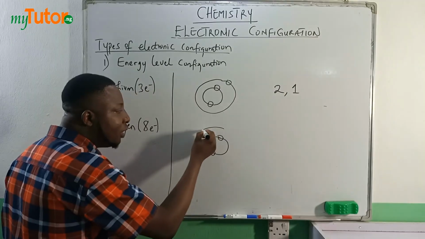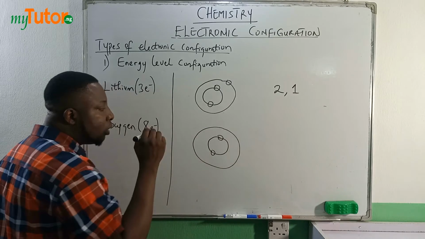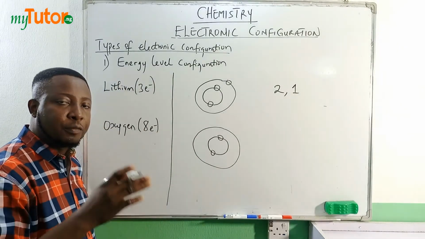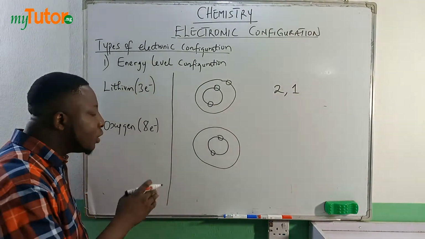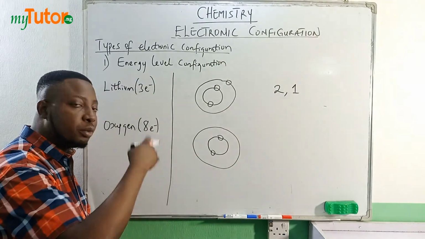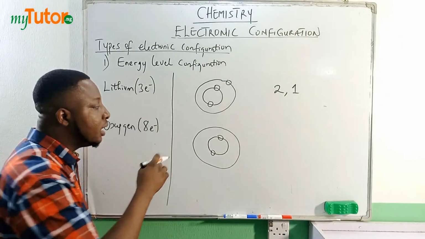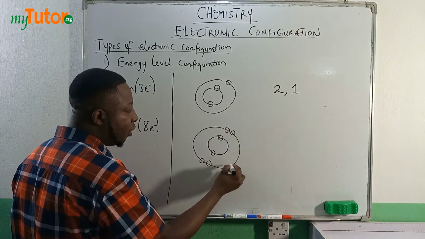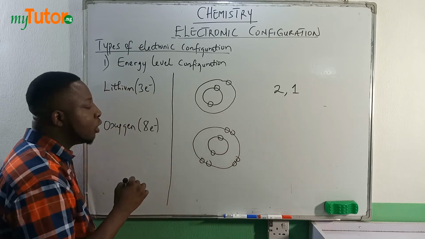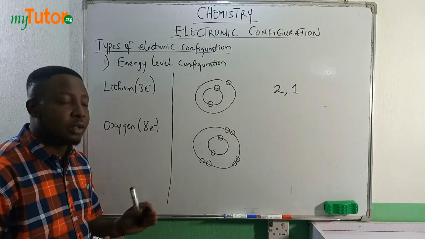Now the second energy level is supposed to have a maximum of 8 electrons, but what we have remaining is 6 electrons. So that 6 electrons will be distributed around the second energy level of oxygen atom. So this is now the structure of oxygen atom.